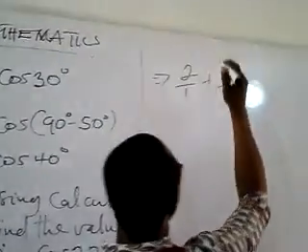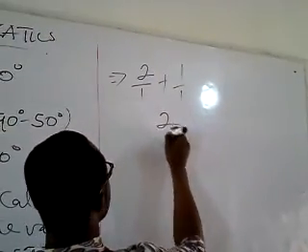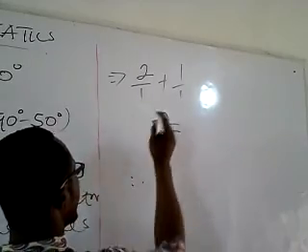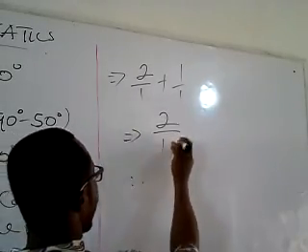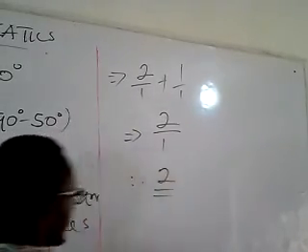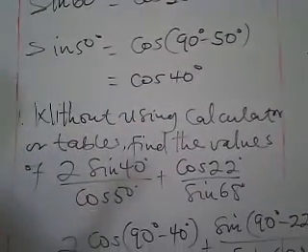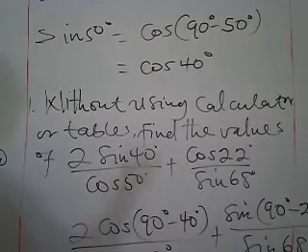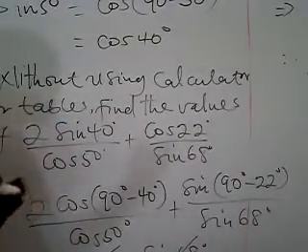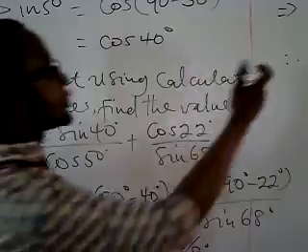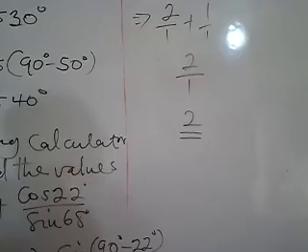So therefore 2 over 1 will give us 2. So therefore, our question given to us, 2 sine 40 over cos 50 plus cos 22 over sine 68, has now given us 2 as our answer.